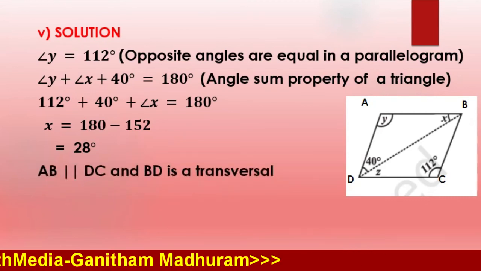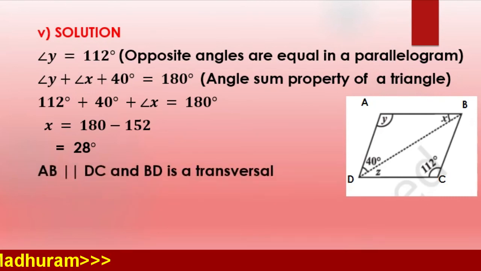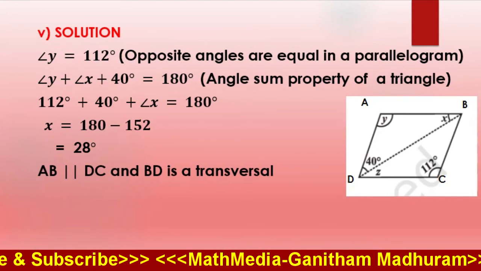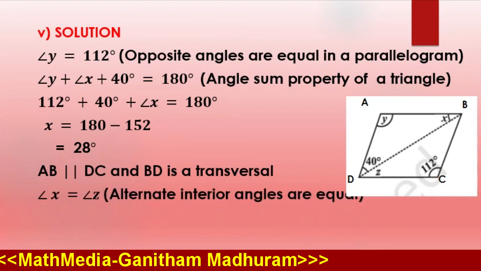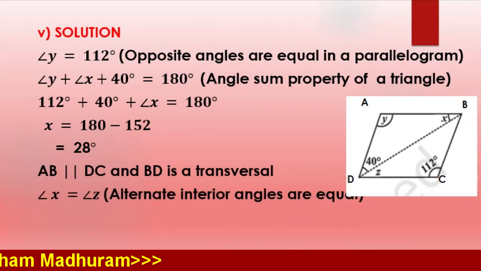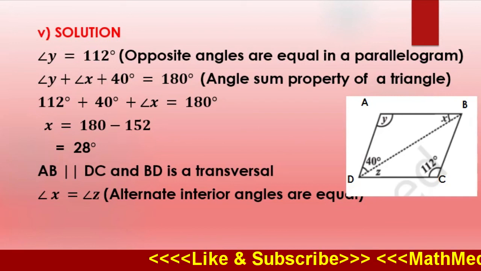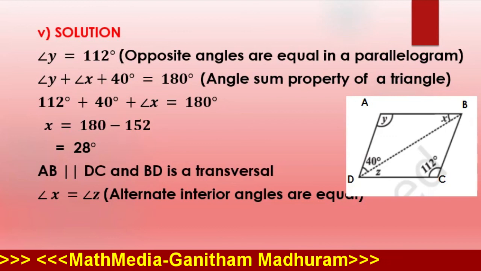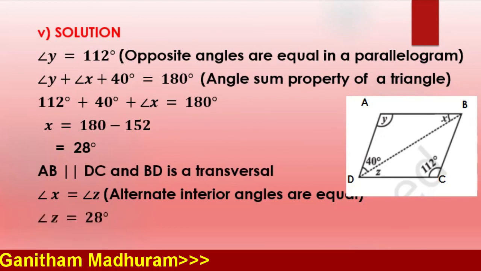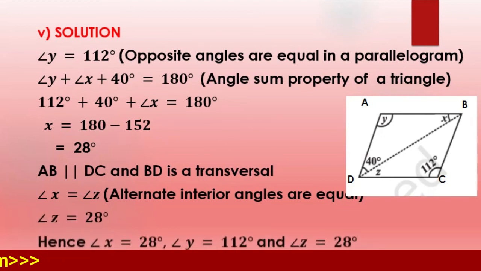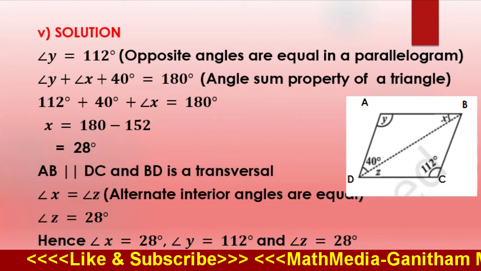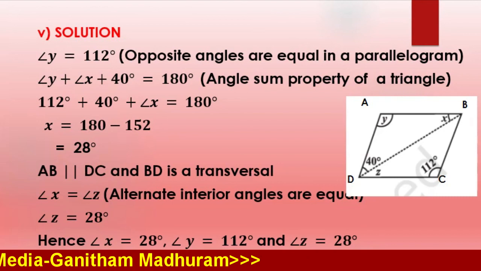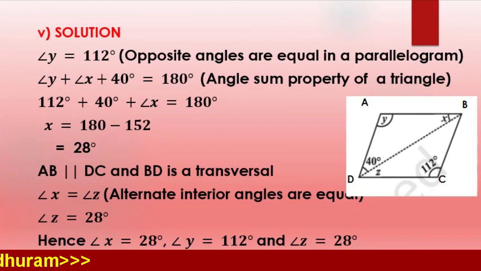Now consider AB parallel to DC and BD is a transversal. Now angle x equal to angle z. They are the alternate interior angles. Hence they are equal. Therefore z equal to 28 degrees. Hence angle x equal to 28 degrees, y equal to 112 degrees and z equal to 28 degrees.